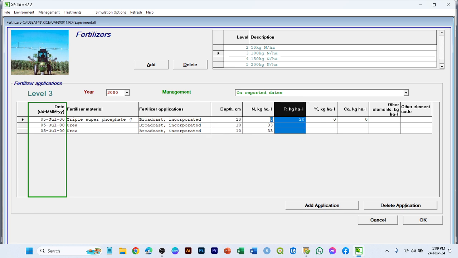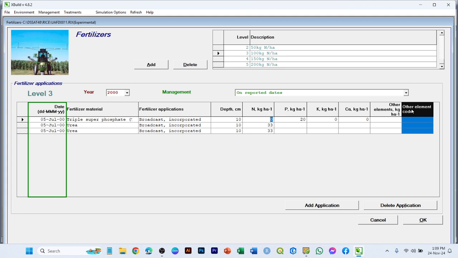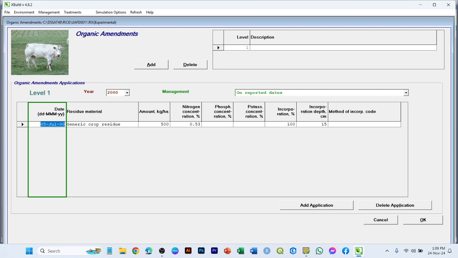If you are going to have some experiments on soil carbon, soil nitrogen, soil related experimentation, then you have to add different types of residue material, amount of NKG, nitrogen, potash, phosphorus, incorporation percentage, and even if you have some intercrops, I mean intercropping or rotational crops that must have residual impacts on the soil, then you can add these types of things.